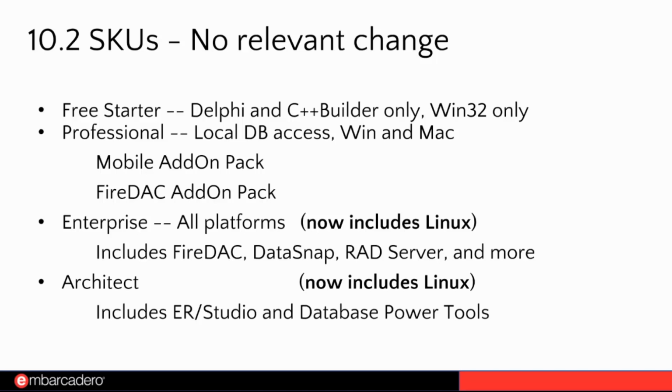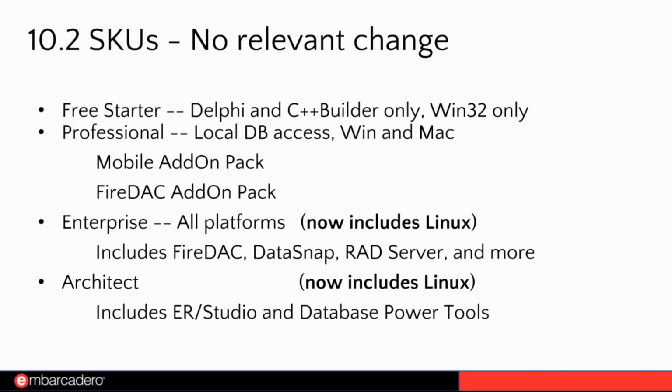And with the offers that we've got going on at the moment, that is something that's really worth having a look at too. For cross-compilation between Windows and Linux, you're going to need to be looking at Enterprise or above anyway, because they're based on the server-side technologies that are part of the Enterprise editions. So if you're looking at moving on to Delphi for Linux, you need to be on the Enterprise edition.